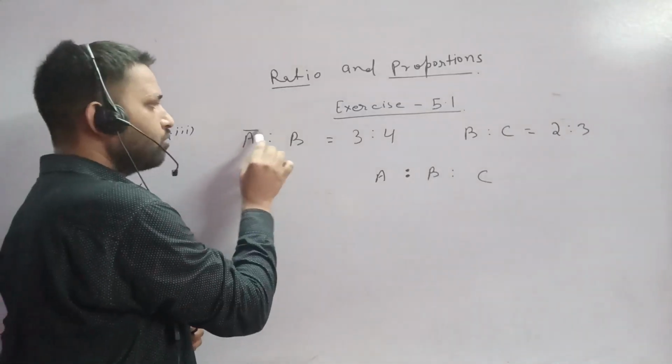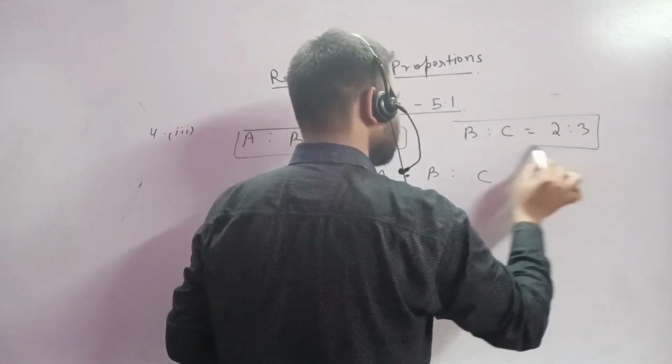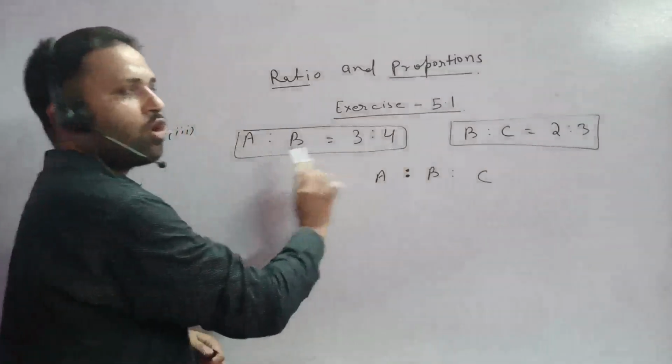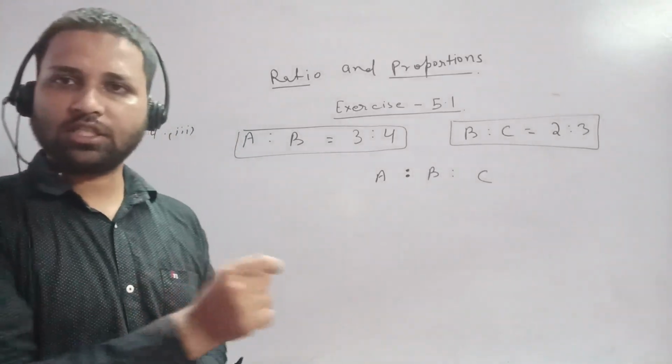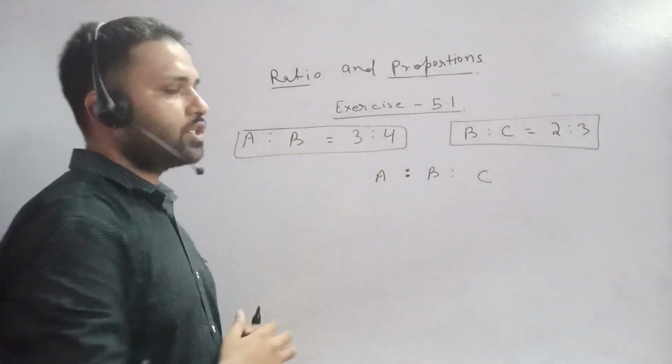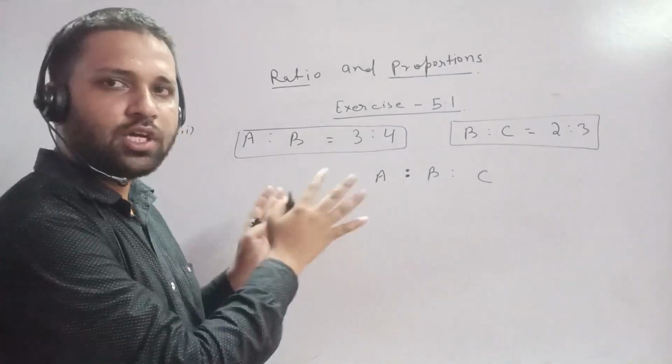Here a is to b is given and b is to c is given. We can clearly see that b is common in both ratios.